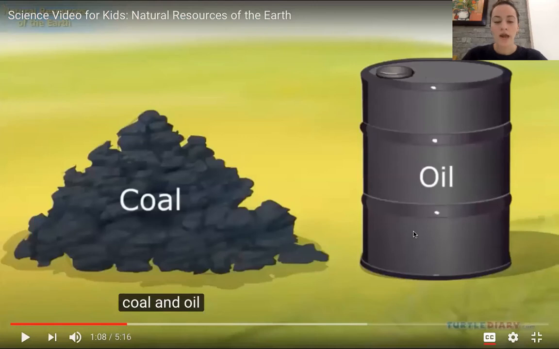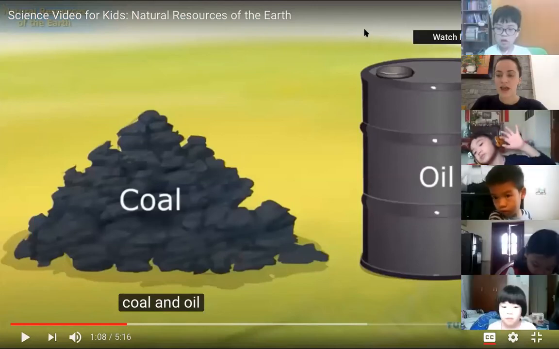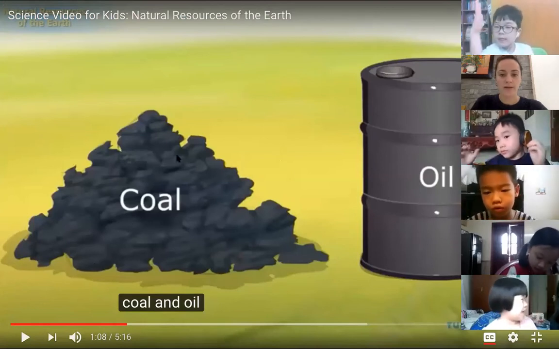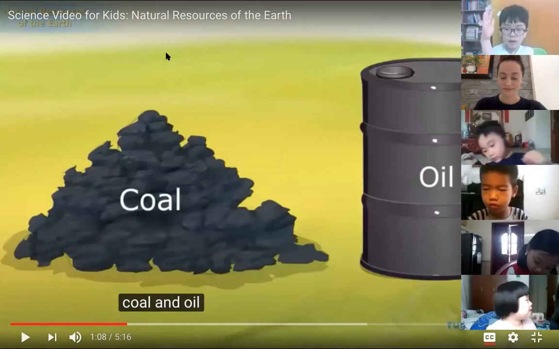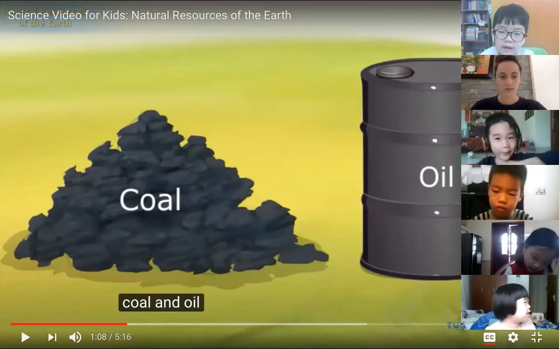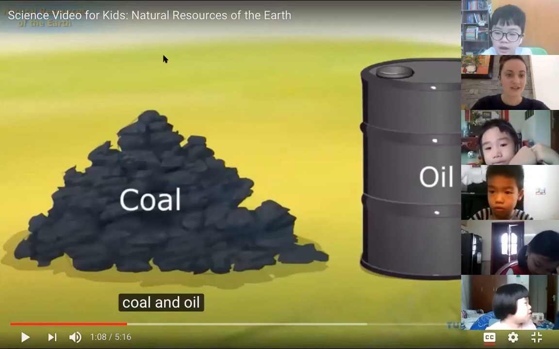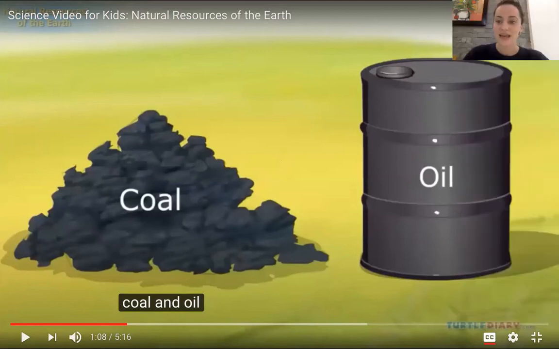Coal and oil are two things that we use for what? Raise your hand in your video if you know what we use coal and oil for. Ben 10? Coal is used to make electricity. Excellent job, to make electricity. So our cars run, our houses have lights. But coal and oil are found underground.